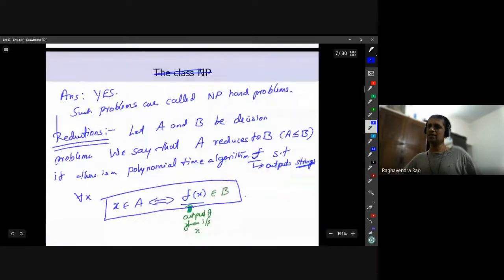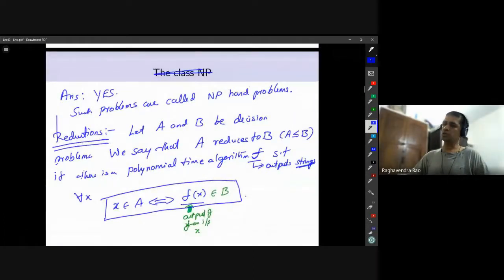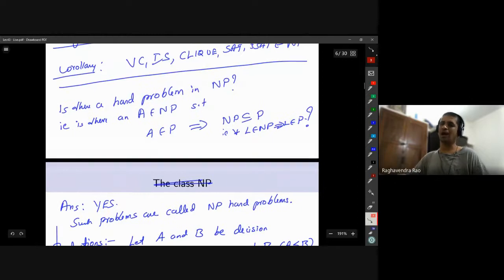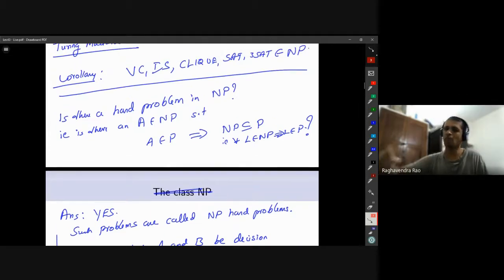So this is the notion that we are going to use to characterize hard problems. Remember, our question was: is there a hard problem in NP? That is, is there a problem A in NP such that showing A is in P, that is, A has a polynomial time algorithm, means that the whole of NP also has polynomial time algorithms? The subset of problems that we have considered, in fact, admit this.